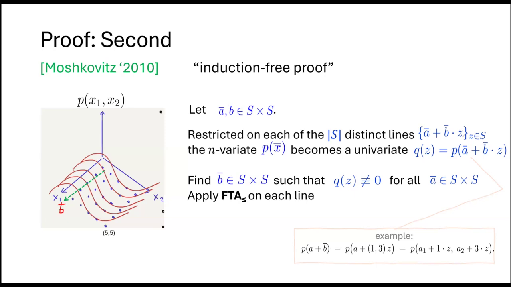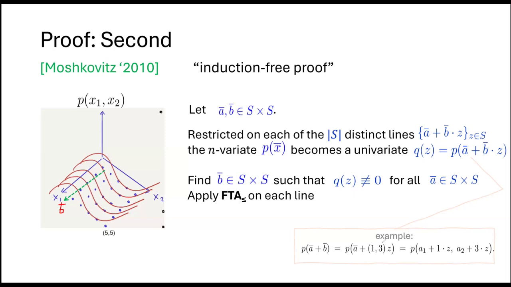Z is the variable, and Z ranges over S. When we consider this line in green, the n-variate P, in this case n equal to 2, becomes a univariate polynomial Q in the single indeterminate Z, equal to P of A plus B times Z. So this is the line.